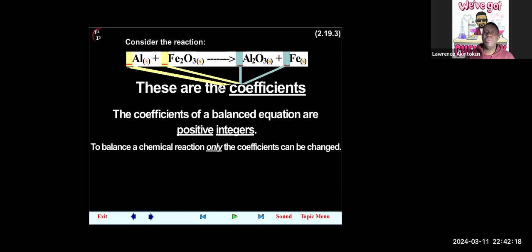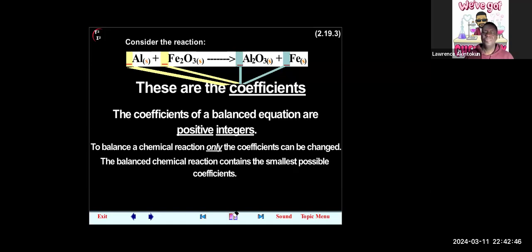These are what we call the subscripts. This is subscript 2 and 3, this other subscript 2, other subscript 3. The number in front of the Al, which we are going to find out, is going to be the coefficient we're talking about, which is used to balance the equation. A balanced chemical equation contains the smallest possible coefficients.